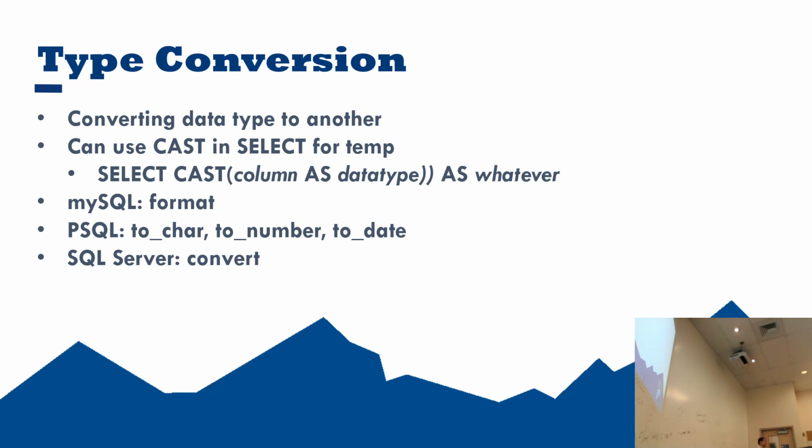When we're casting something, we're not actually converting it. What we're doing instead is temporarily converting it for the purposes of a select statement query. So you say select, cast, and then whatever column you want to cast, then you use the as modifier, and then say whatever data type you want to cast it as, and then whatever you want to call that column.